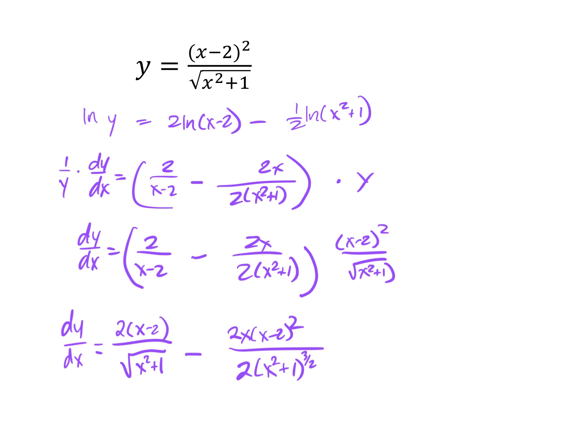For the first part of the equation, the one right next to the dy/dx, does the bottom just cancel out? Well, remember, I'm distributing this (x minus 2) quantity squared.